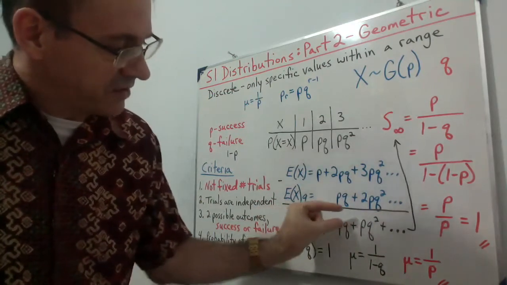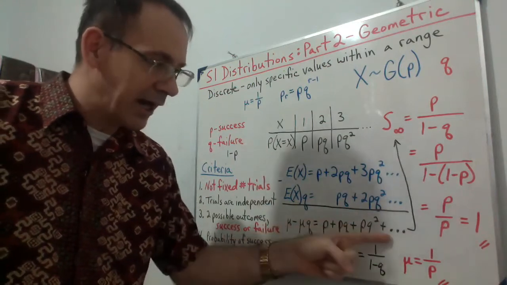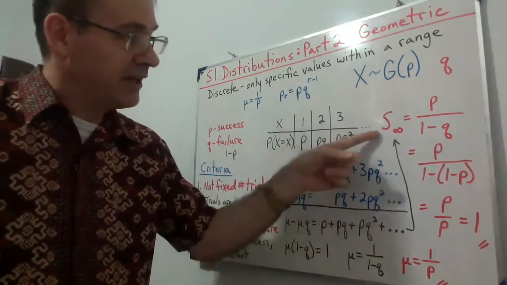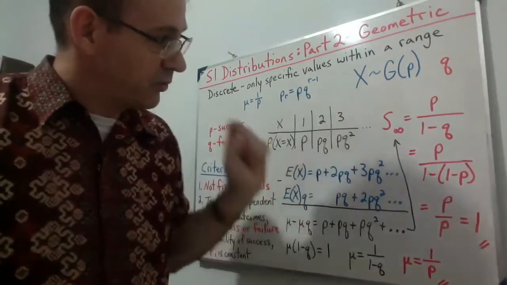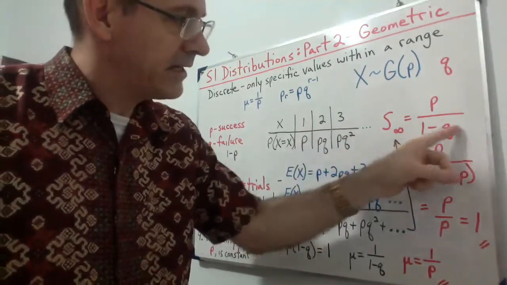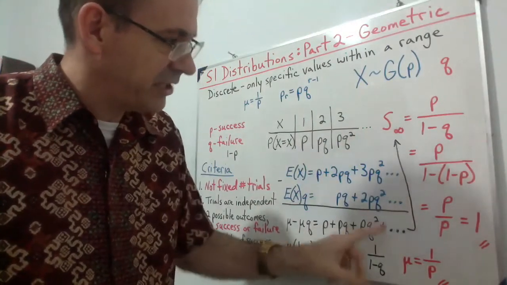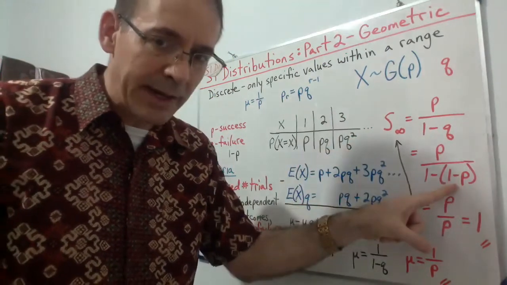So since this is a geometric series that is going on indefinitely, we can take the sum to infinity. So as we take the sum to infinity, our first term is P over 1 minus R. The ratio is Q. And Q is the same thing as 1 minus P.